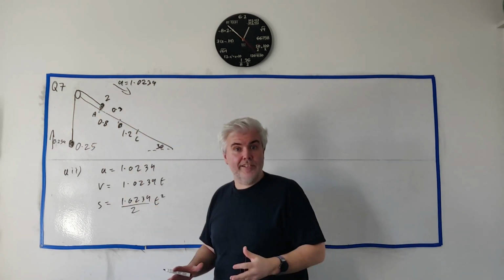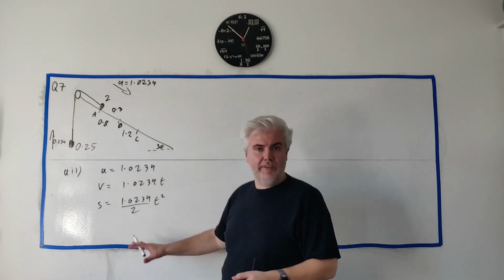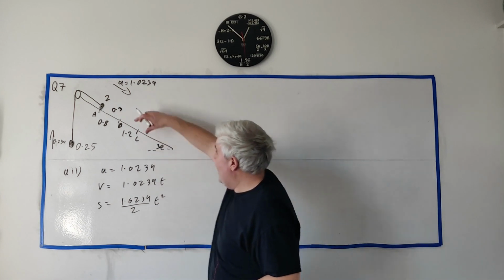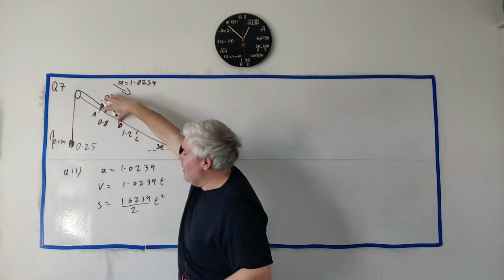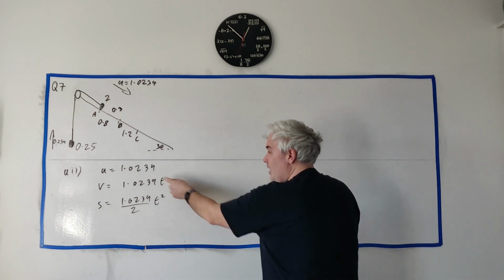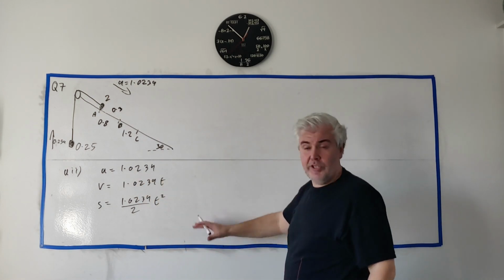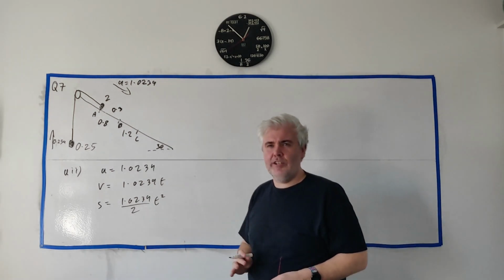That's how I would answer this question. I would use these three equations and solve everything, and this is between A and B. And then I'd do the same between B and C. I would need to find A just like we did in part 1, and I would use those three equations. That's personally how I do it.